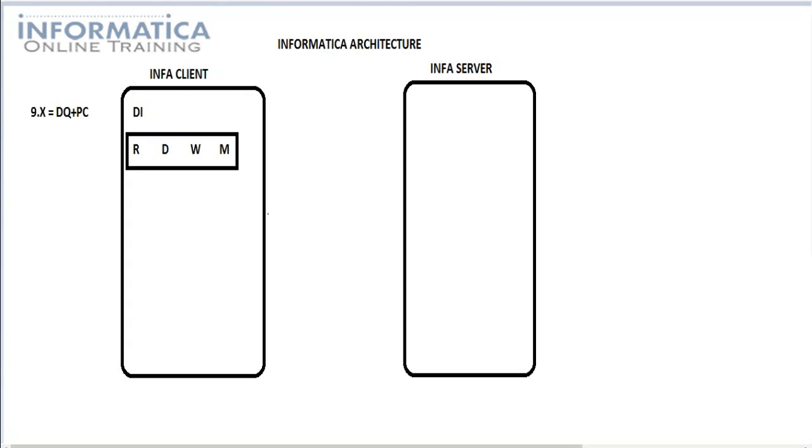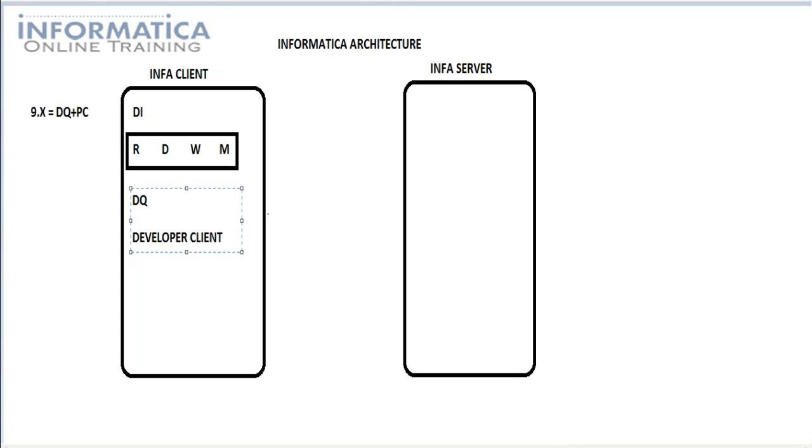In the same way, you have Data Quality also. For Data Quality, we have a separate set of client tools, which you call the Developer client. So when you go into the Informatica 9.5.1 client tools, you observe 2 options.